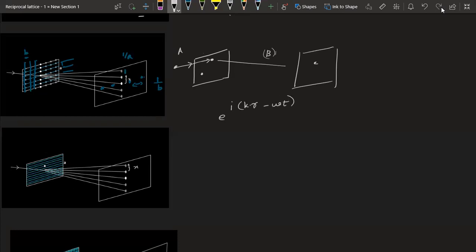If this atom is emitting light and this is our origin, we measure r from here, and we know the phase at this point. This is not really important, so we only need this portion.